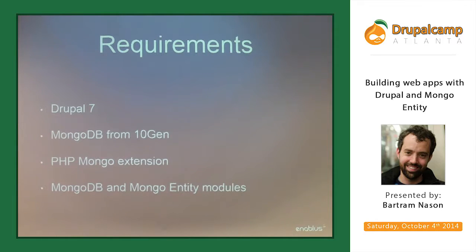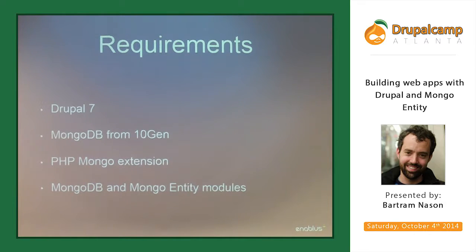So why is MongoDB a good choice for Drupal? If you've ever built a web app with the Entity API, you can add a bunch of fields to your entity, and then you can have entity references, and very quickly with Drupal, especially with the Field API, you can have a very complex object where you have a lot of different things that you're relating into this one object.